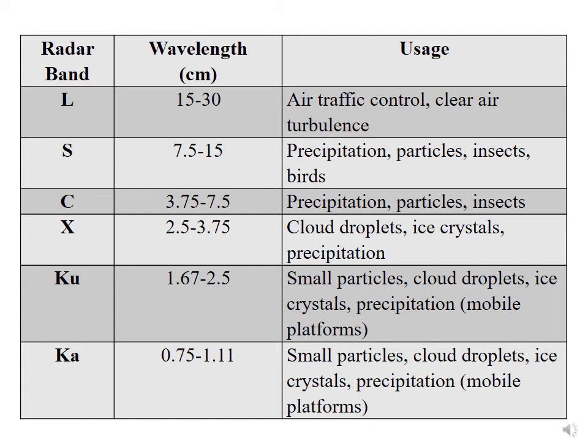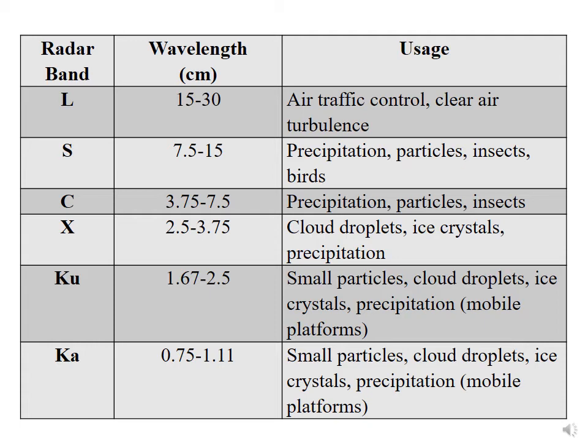You'll often see insect swarms and bird migrations on the National Weather Service radar as well. The C-band, between 3.75 and 7.5, can also be used for the same types of things: the precipitation, the particles, and the insects. The X-band is a shorter wavelength.